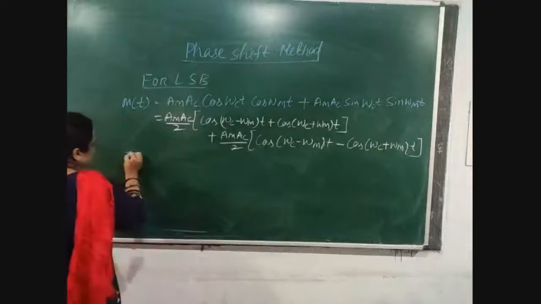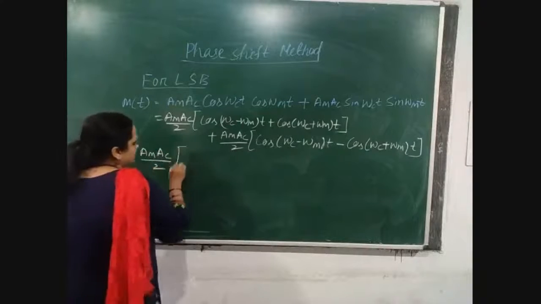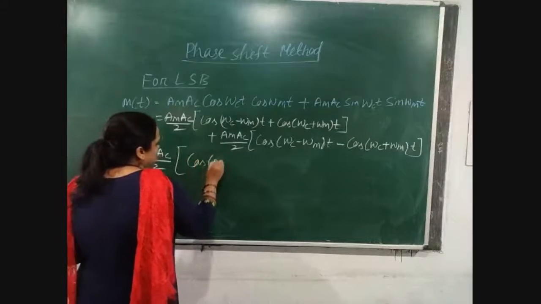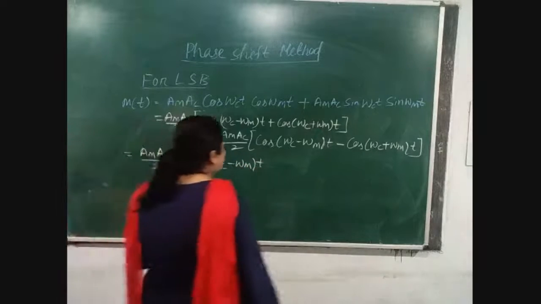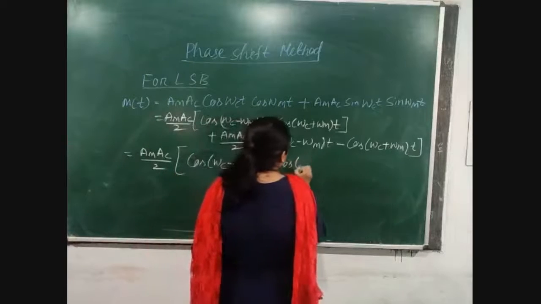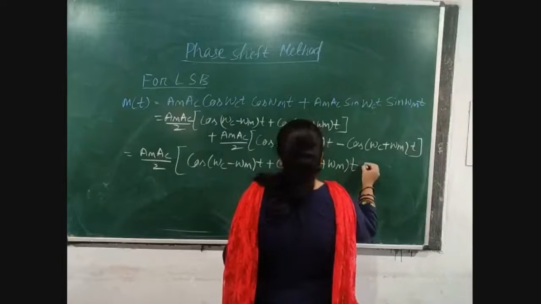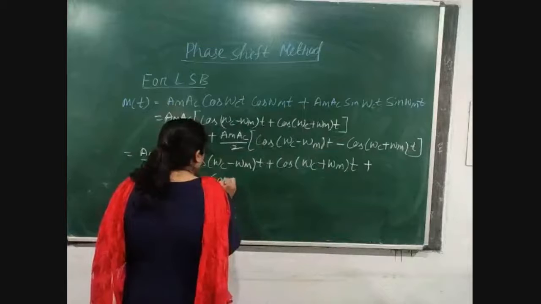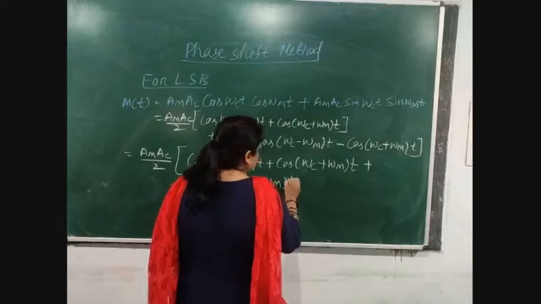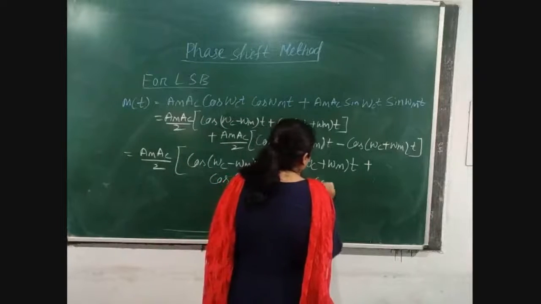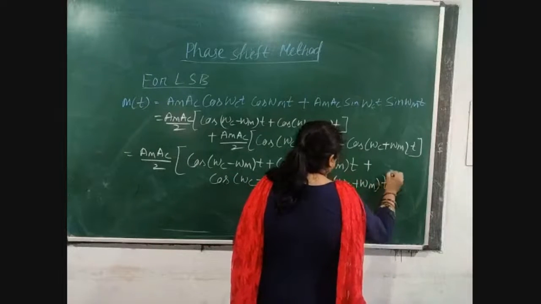Then we take Am Ac/2 common and open up all the brackets: cos(ωc − ωm)t + cos(ωc + ωm)t + cos(ωc − ωm)t − cos(ωc + ωm)t.